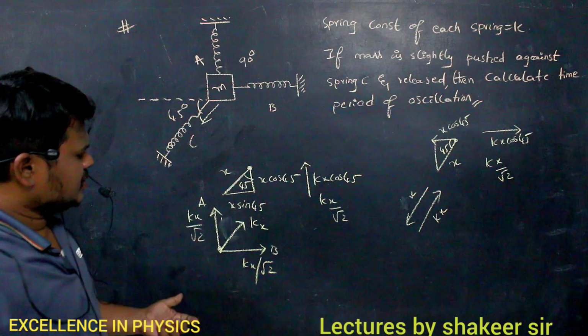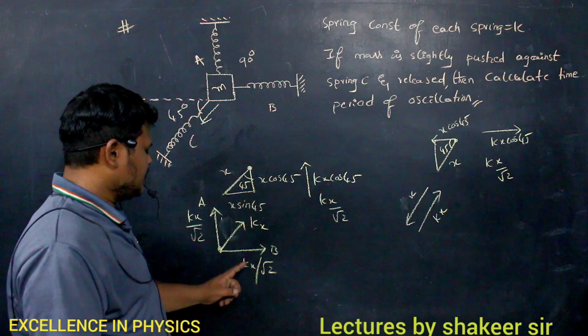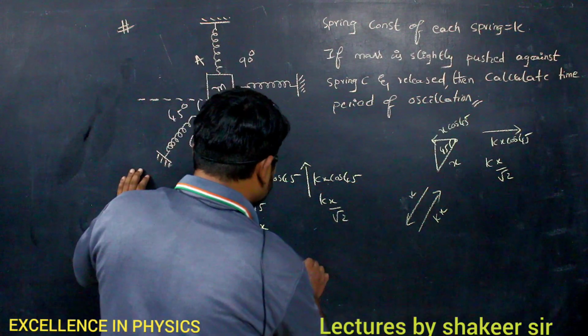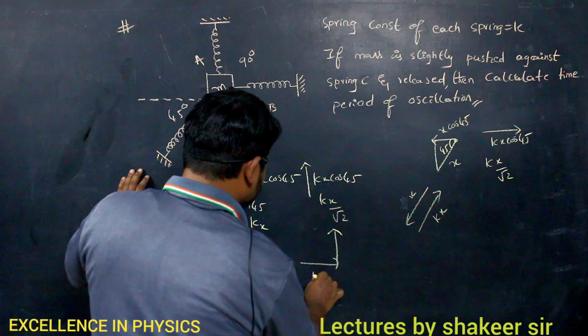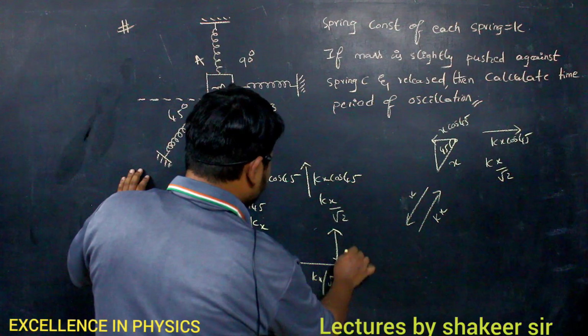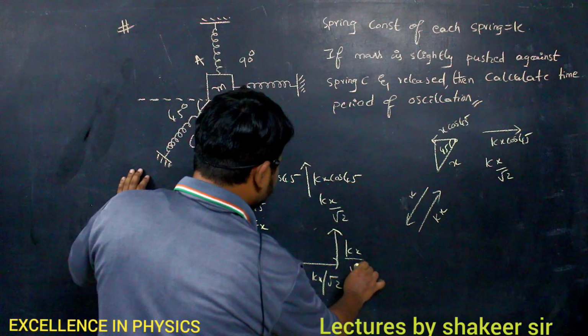So by using the triangle law of addition, how can I join the A and B restoring forces? I can join like this. Clear? So this is also kx divided by root 2, and this is also kx divided by root 2.